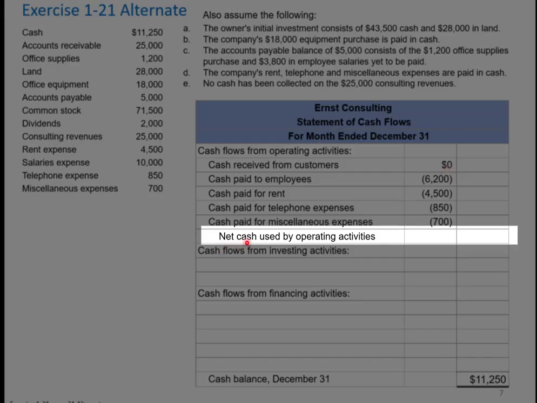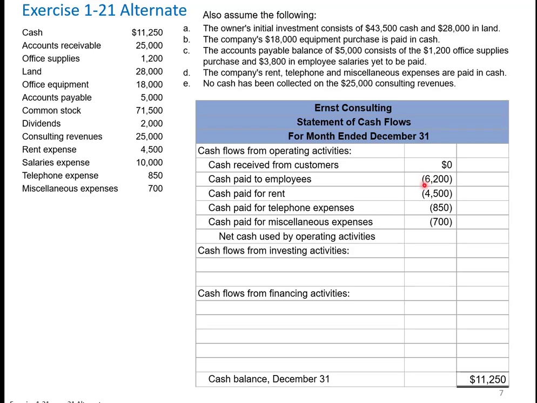Notice that this says net cash used by. The reason is because all of these numbers are negative, meaning cash paid out. So this subtotal for this section is going to be adding up all of these cash paid out amounts to get $12,250 cash paid out.